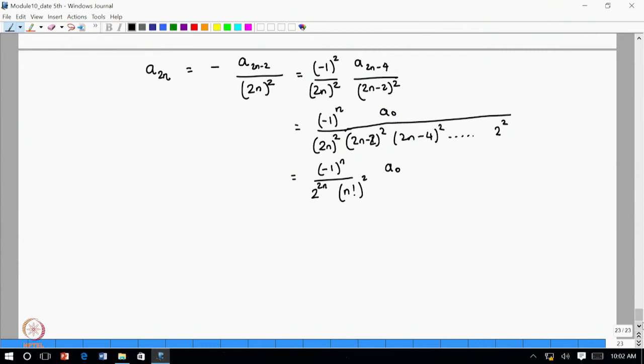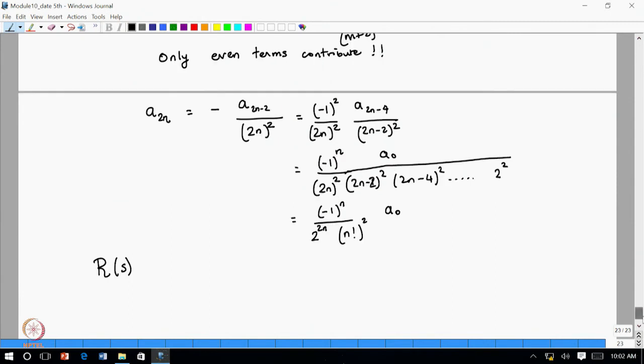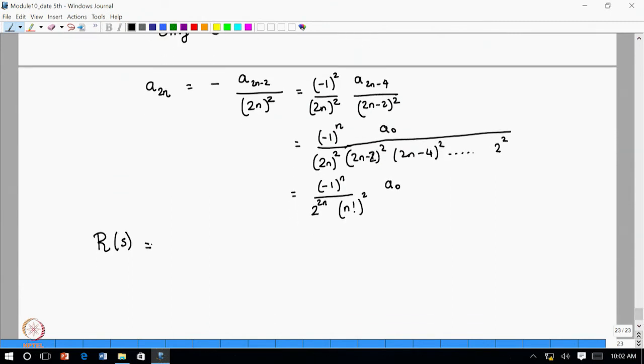So, this series, the solution R of s is equal to a 0 times 1, or I can just write sum over n equal to 0, and this series does not terminate anywhere, it goes all the way to infinity.